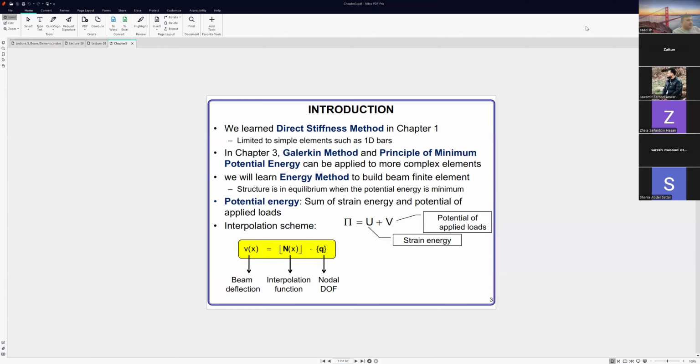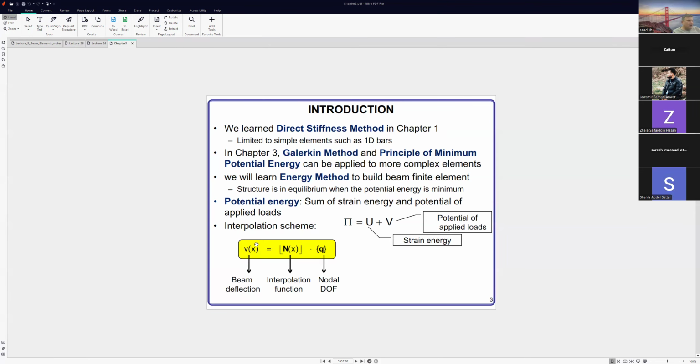Okay, so we have the strain energy and we have the potential of applied loads, like we did in the previous lecture. So here we have pi, the potential energy, equal to the strain energy U plus V, which is the potential of applied loads.